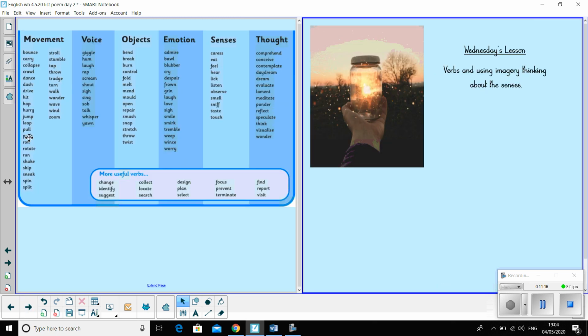Okay, I will upload this list of verbs onto Google Drive. I'll put it into today's and tomorrow's learning, possibly Thursday's and Friday's as well, if it will be useful. So thinking about tomorrow's lesson, using imagery, thinking about the senses. There's a list here. What can you see, hear, smell, taste, touch? What would you wish?